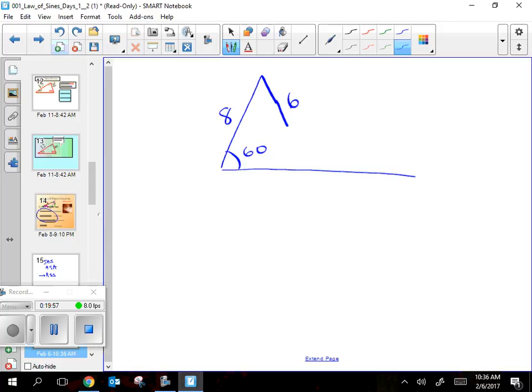Remember what I said? Figure out what the Goldilocks side would be, the one that would fit just right to make it a 30, 60, 90 triangle. Figure out how long that would be. Is it long enough to touch or not?